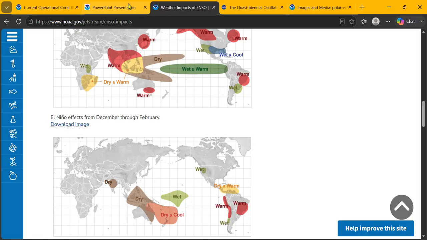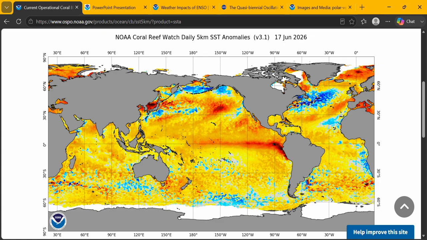Another thing I want to talk about is the PDO, the Pacific Decadal Oscillation. If we have colder temperatures in this region, which we do currently, although it's not insanely positive here, and then we have warmer temperatures in these regions, and colder temperatures in these regions, we would call that a positive PDO.